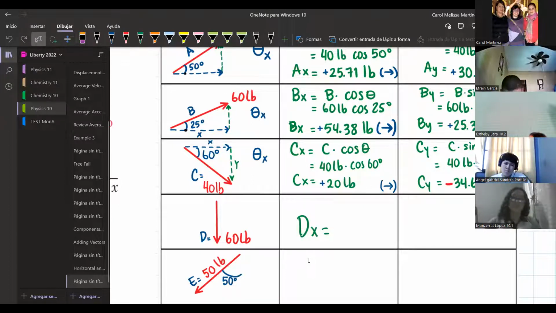Now, Dy, the vertical, is it going upward or downward? Downward. Because it's coming downward, we say that it's going to be minus the entire vector, 60 pounds. So Dy equals negative 60 pounds. And please don't forget to include the sign.